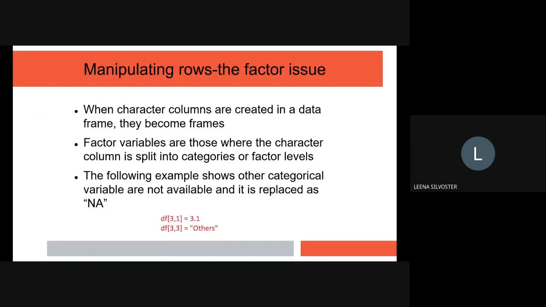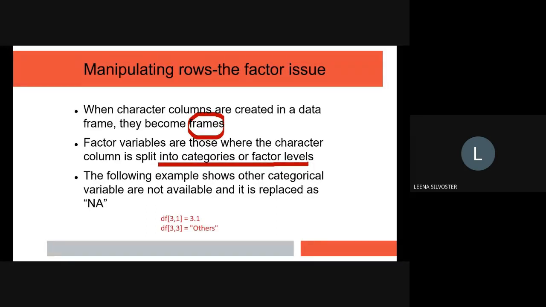Manipulating rows. When character columns are created in a data frame, they become factors. Factor variables are those where the character column is split into categories or factor levels. The following example shows other categorical variables which are not available and it is replaced as NA.